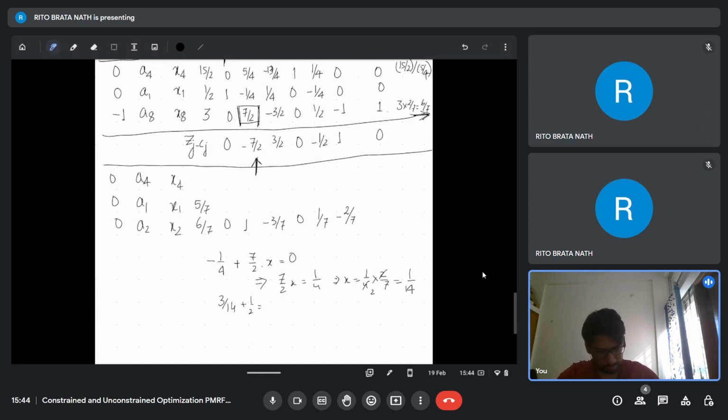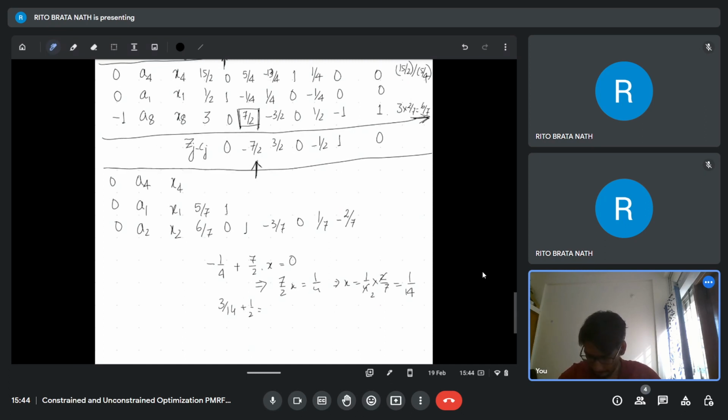Now the next one will be 1. Yeah, this one will be 0. And I think the next one will be 1 by 7. 0 minus 3 by 14 and minus 1 by 14, right? So you can verify the calculations later, but I think that will be that. Next one will be 5 by 4 plus 7 by 2 times the multiplier equals 0.